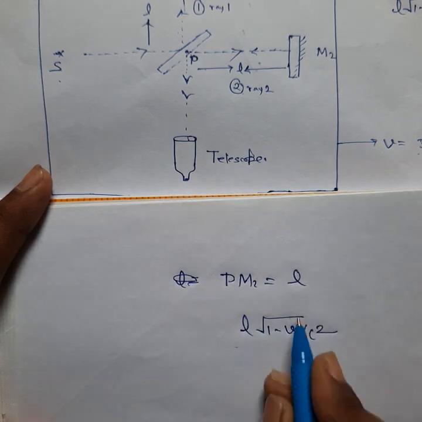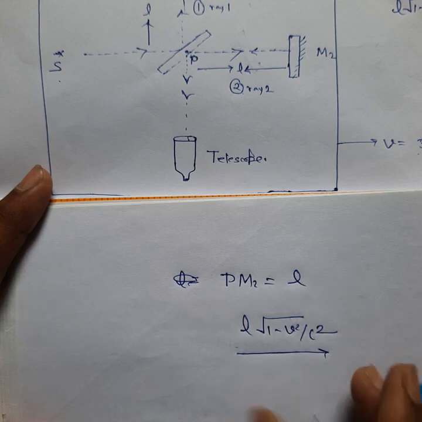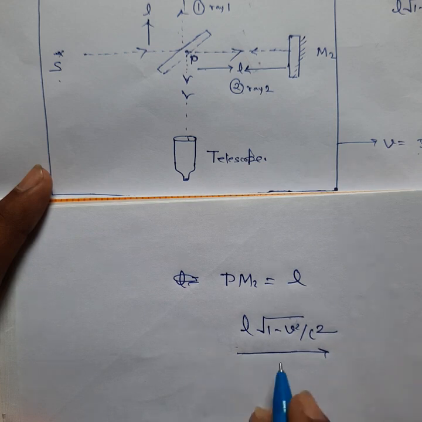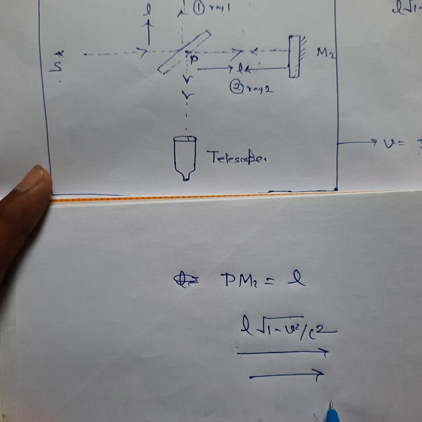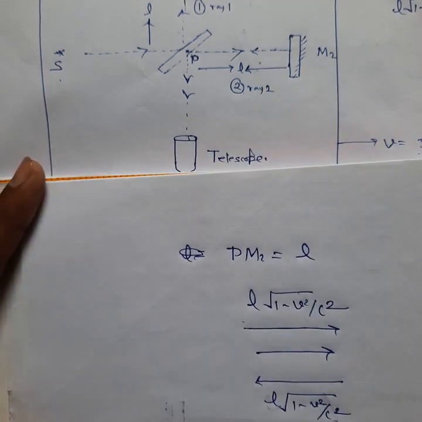This holds for the light going in the horizontal direction, and when the light is reflected back, it sees the same length before reaching point P.